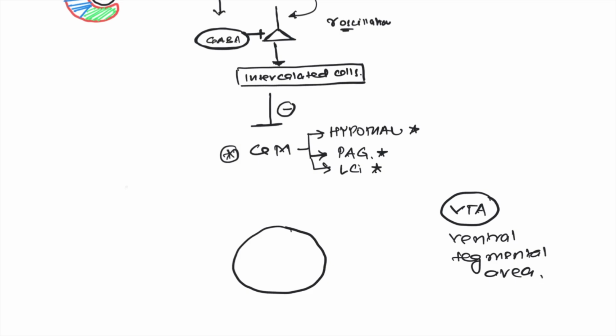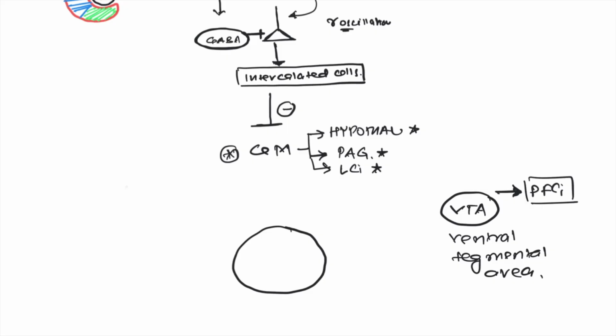The ventral tegmental area, we're going to talk about this again and again. It sends projection to your prefrontal cortex, which is called the mesocortical pathway. Meso means the midbrain, which is where the ventral tegmental area is located. This dopaminergic projection to the prefrontal cortex is responsible for cognitive control.